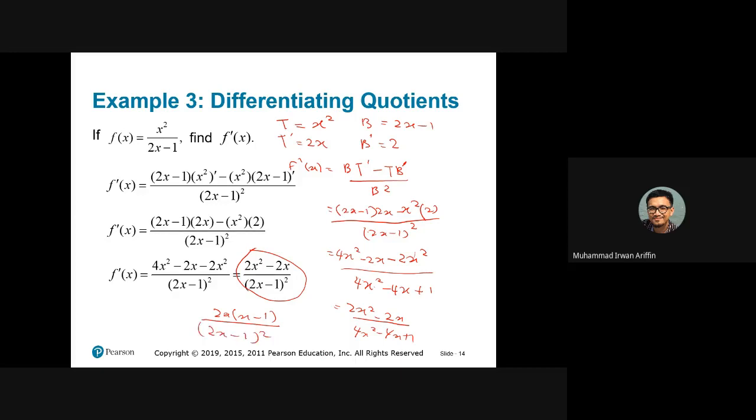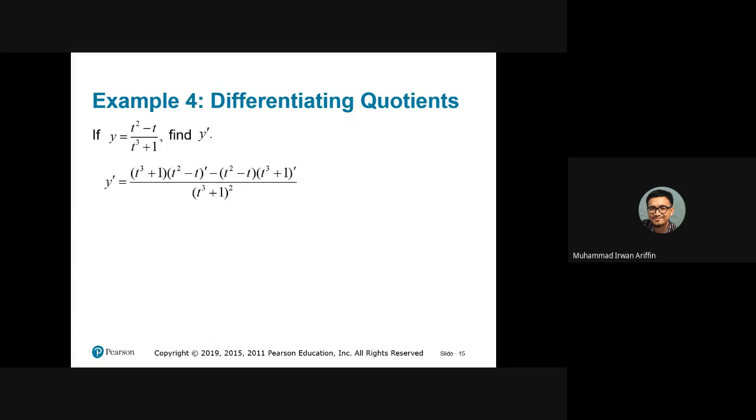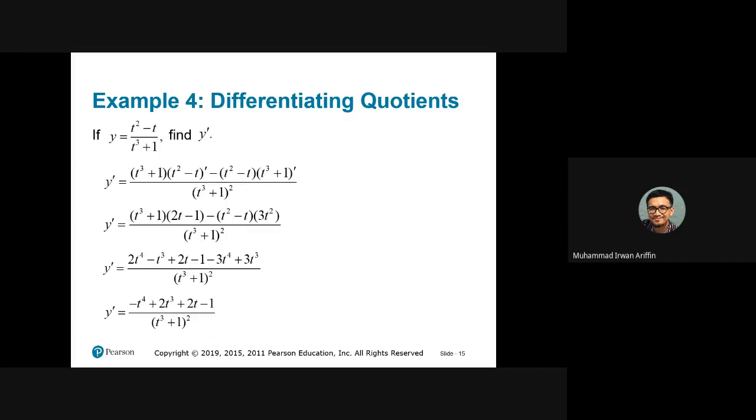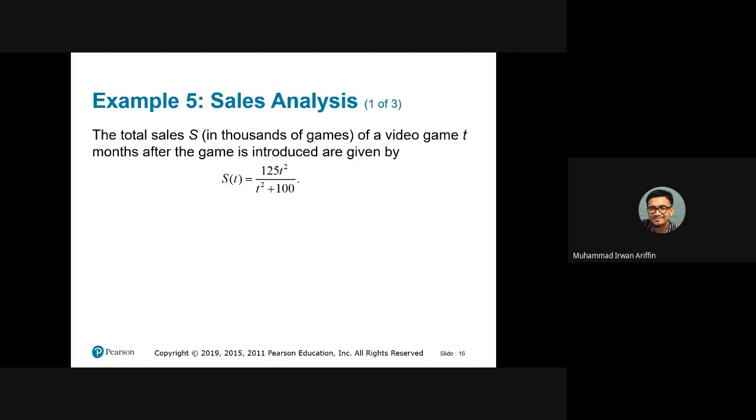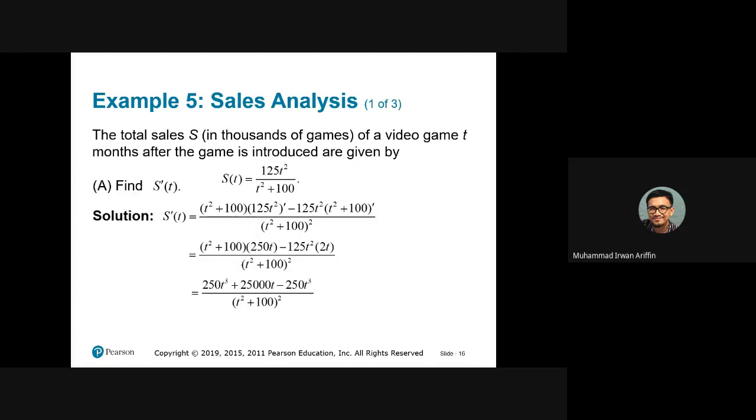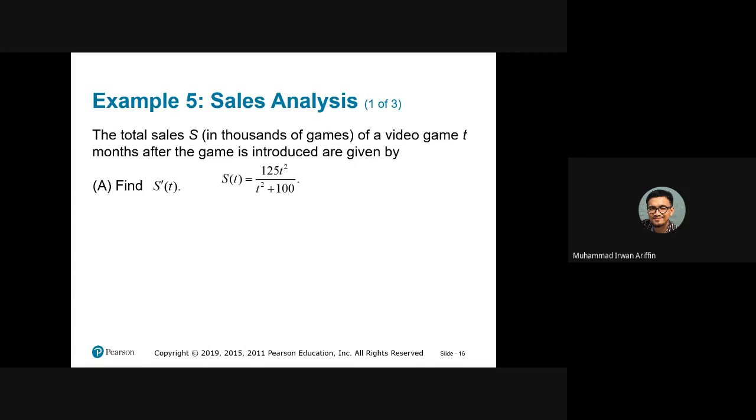Example 4, additional examples, are all under your responsibility, will be under your care, as well as example 5. This is the sales analysis. If we have this sales function, total sales in thousands of games of a video game t after the game is introduced, is given by this.